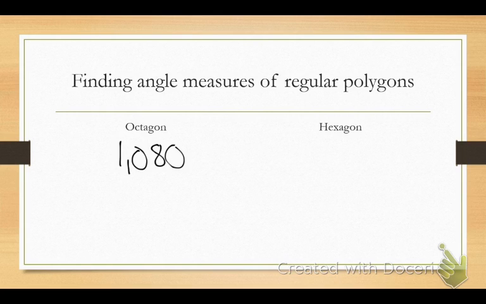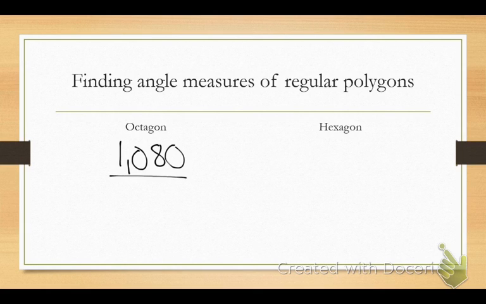1,080. Okay, but here's the problem. It's each. It's individual. It's one. You gave me the total. You gave me the total. I need one. So if I know the total, how do I figure out one? Divide by however many sides are in the figure. And I'm not going to tell you that.